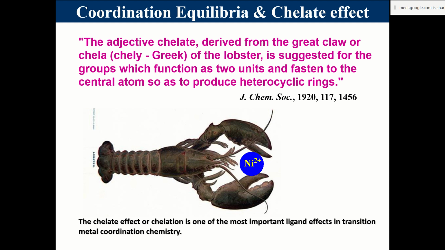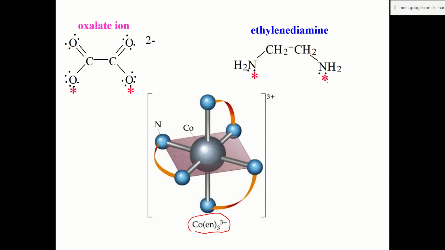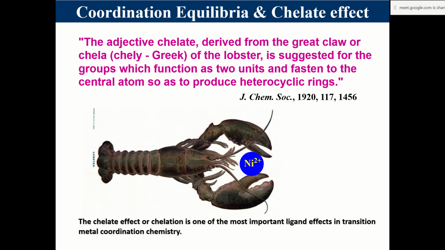There's an unusual thing with these kinds of complexes where you have more than one donor site in one ligand molecule: the stability is enhanced. Why is that? We call it a chelate complex. Chelate is derived from the Greek word chela, meaning claw, from the lobster.